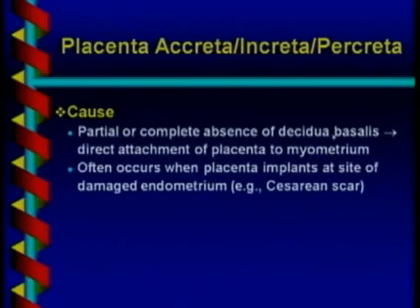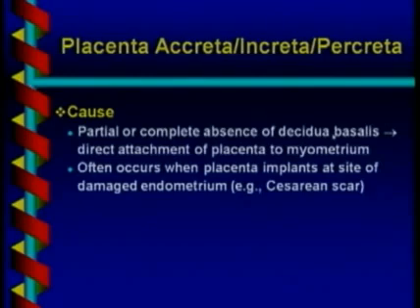If there is damage to the endometrium and therefore damage to the decidua, the placenta can come in direct contact with or even grow into the myometrium, which leads to placenta accreta. And this occurs typically when the placenta implants at a site of damaged endometrium. One of the most common causes of damaged endometrium these days is a cesarean section scar.